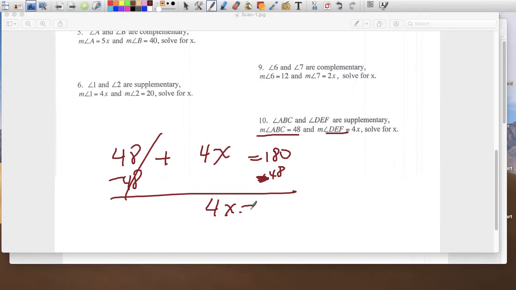So I get 4x equals 132. Divide by 4, divide by 4, x equals 33. So x equals 33, and that is that, because we're solving for x.